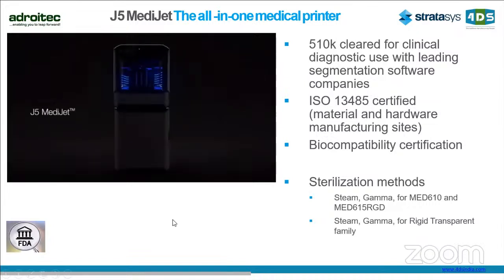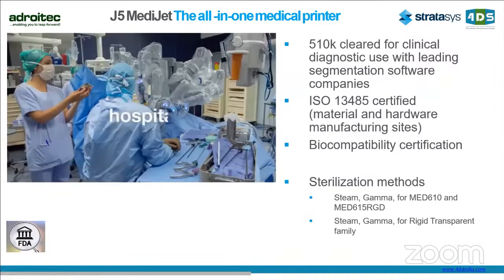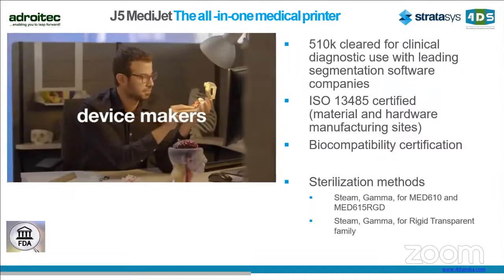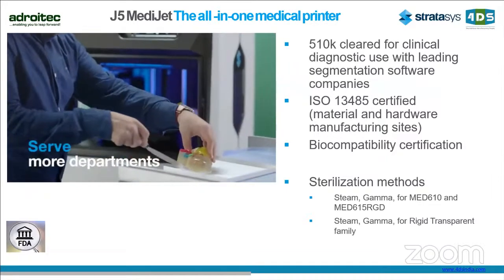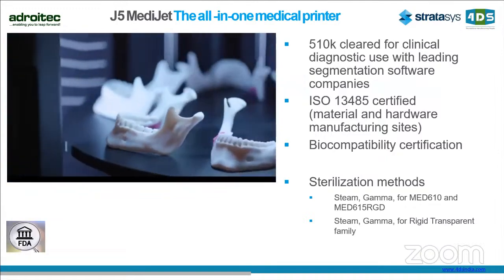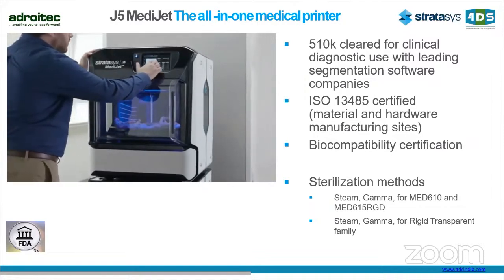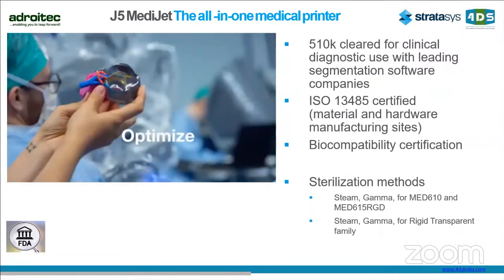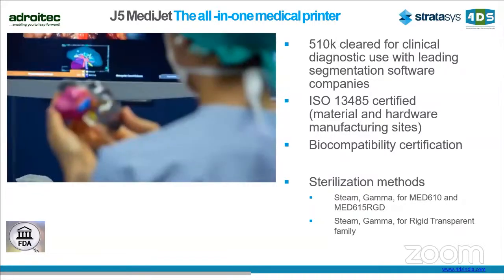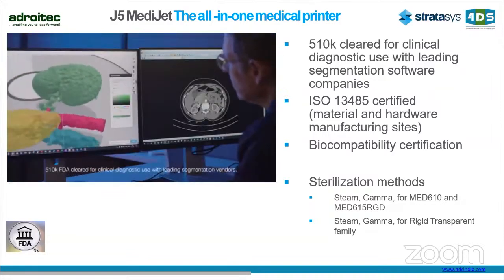Introducing the Stratasys J5 MediJet, the all-in-one medical printer certified for hospitals, academic medical centers, and medical device makers. Serve more departments with brilliantly vivid, multi-material, and multicolor medical models, all from a printer compact enough for any lab space and with a low upfront investment. Optimize surgical planning with visually customized, physically accurate, sterilizable, and biocompatible models based on patient scans.